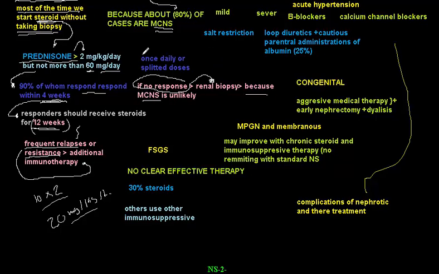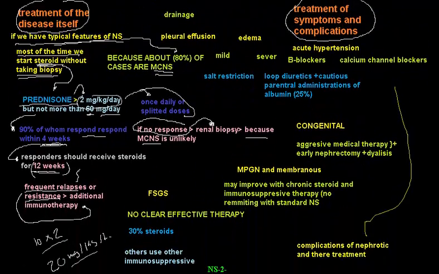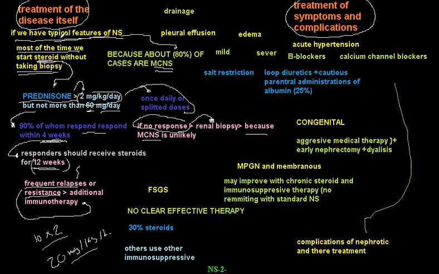You can give prednisone 2 milligram per kg per day once daily, or you can split it during the day, whatever you want. This is for the typical presentation of nephrotic syndrome.